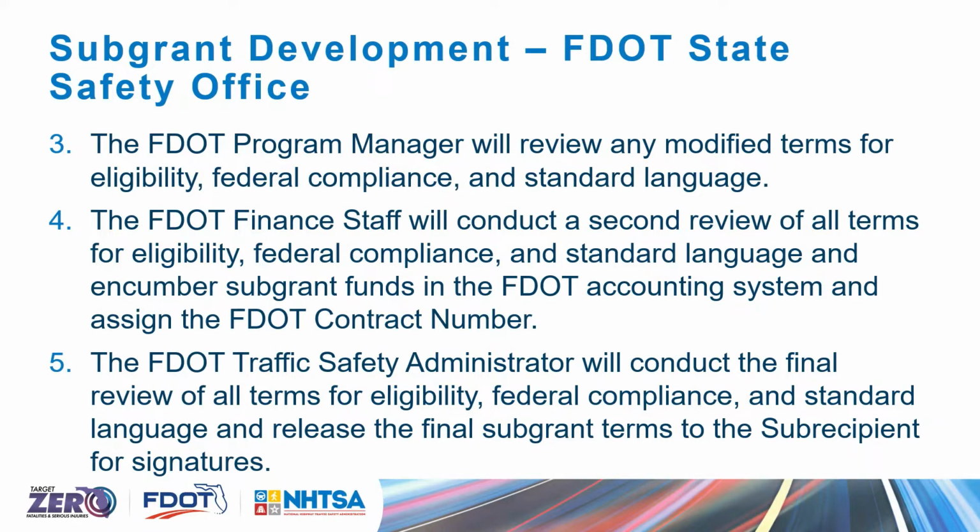Then the finance manager will take a second review to ensure eligibility, federal compliance, standard language, and they'll actually secure the funds for the grant in the FDOT system and assign an FDOT contract number. And then it goes to the Traffic Safety Administrator, who will take a final review and lock down those terms and submit the document back to the subrecipient so that it can be printed and circulated for signatures.